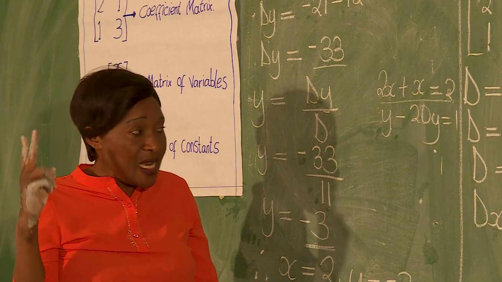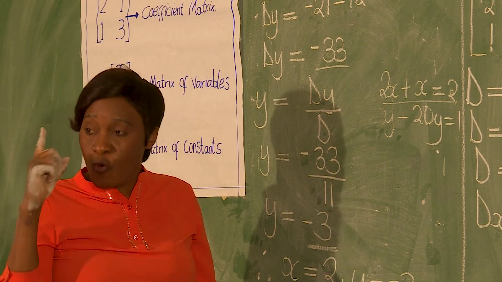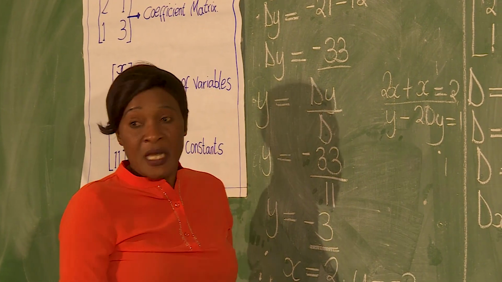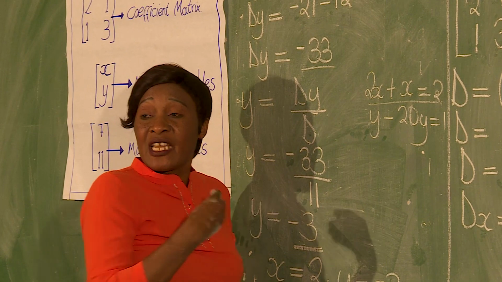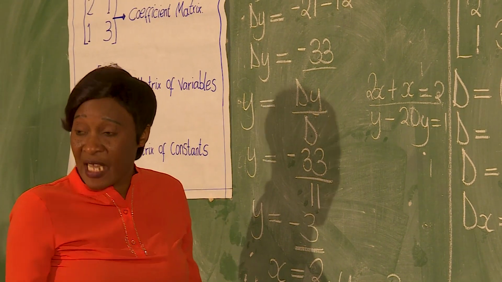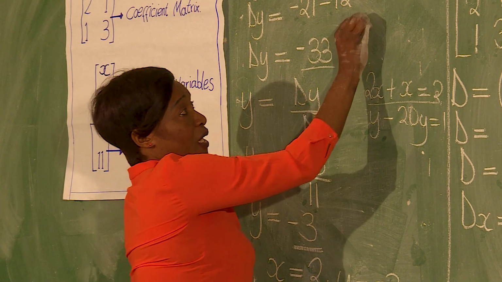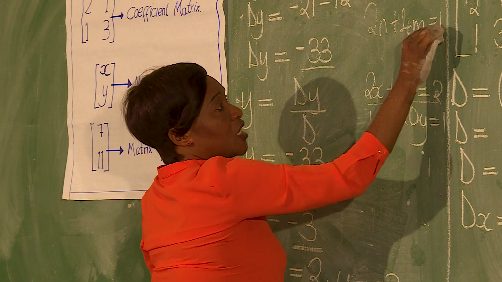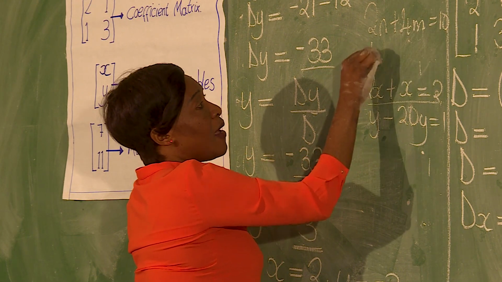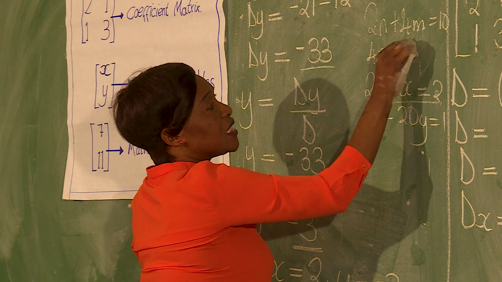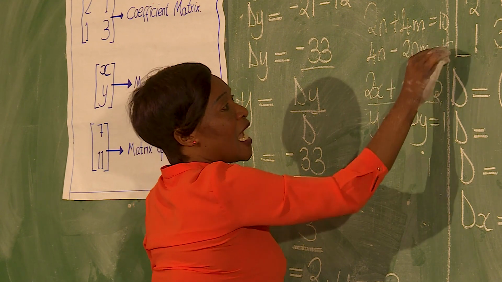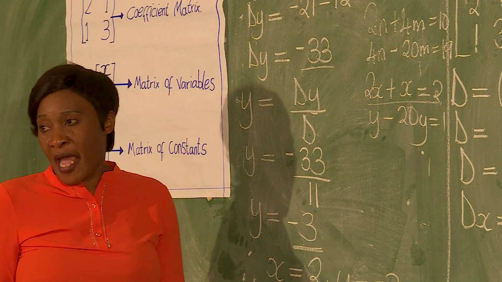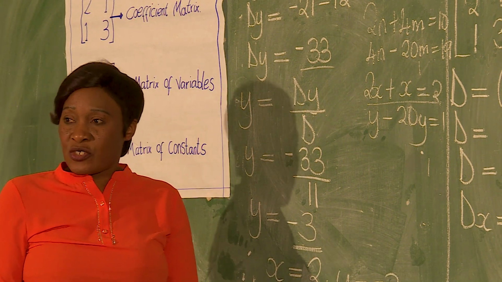And it's not always that we're going to be using x and y. Sometimes they can use different letters, okay? For instance, you can have 2n plus 4m is equal to 10. Then here you have 4n minus 20m is equal to 19. So it's not always that they're going to give you x and y. Hope I've answered your question.